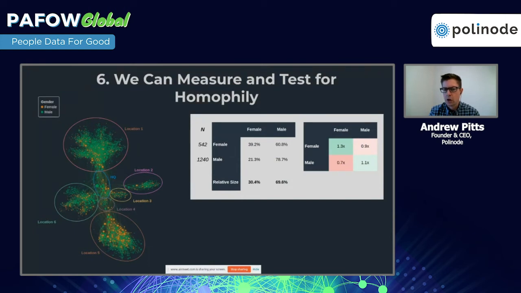So 39.2% of the connections that come from females go to other females, and that compares to a relative size of 30.4%. And so the ratio of 39.2 to 30.4 is 1.3 times.